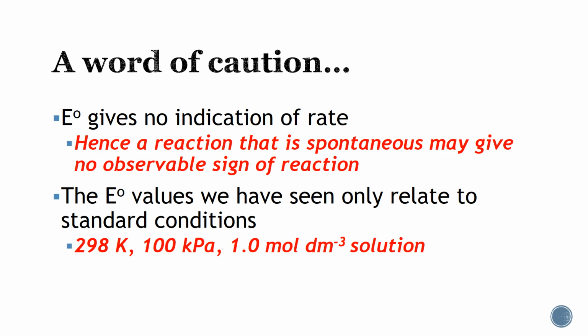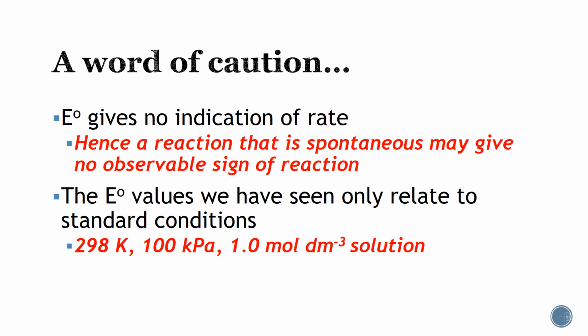The E0 values also don't tell us anything about non-standard conditions. So if it's outside of SLC, so a different temperature to 298, concentrations are increased or reduced, and the pressure is different, we can see changes in the position of the electrochemical series.